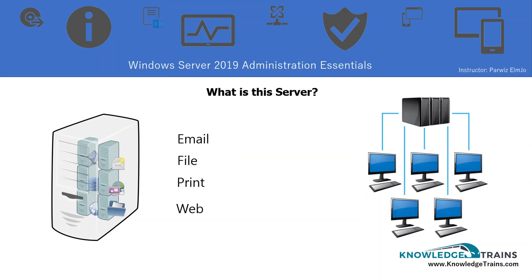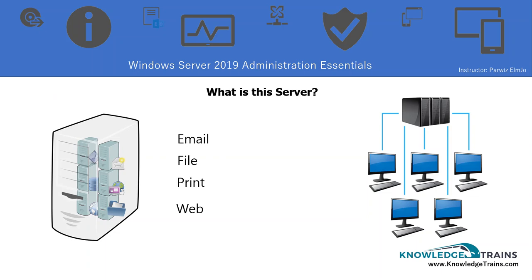When it comes to operating system, server operating systems are different than client operating system, like Windows XP, Windows 7, Windows 8, and Windows 10. They are all called client operating system, which you install in a desktop or in a laptop.